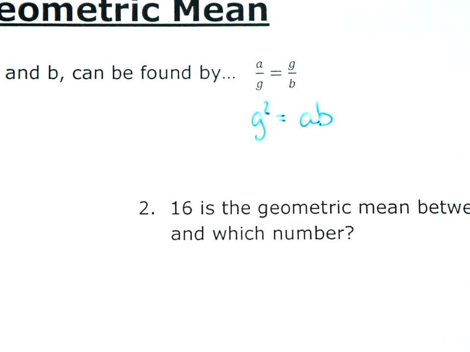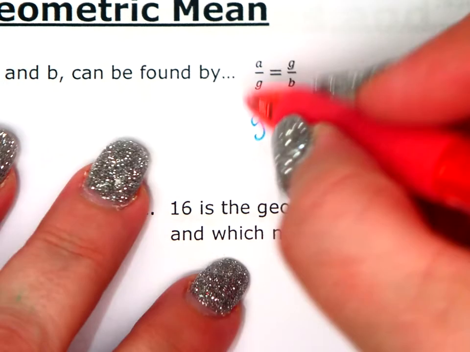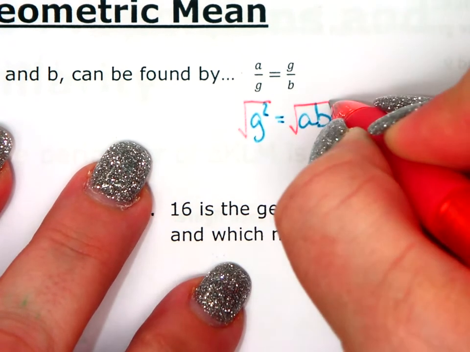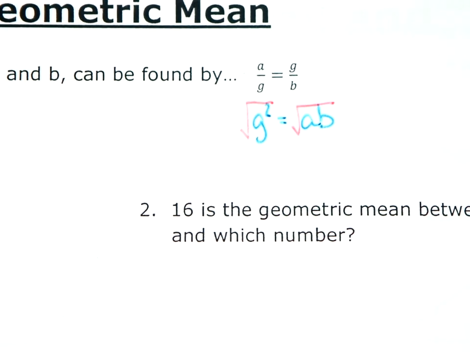Do you remember how to unsquare something? Yeah, anytime you need to unsquare something, you square root it. Because squares and square roots, anytime you have a square and a square root together, they undo each other. So it doesn't matter if I square a square root or if I square root a square. I know that sounds weird. If I square a square root or if I square root a square, I end up with just whatever was under there.